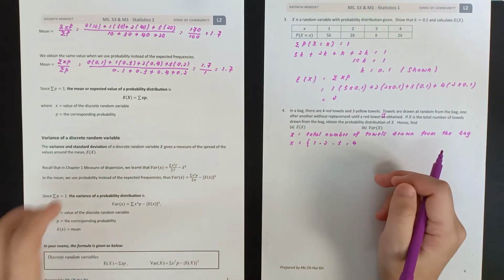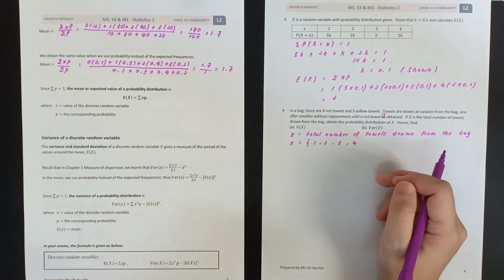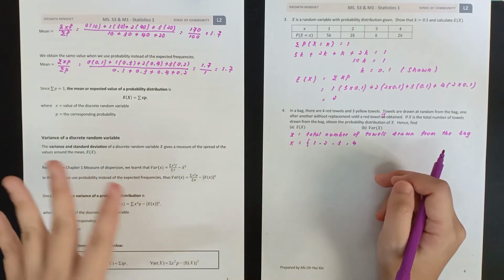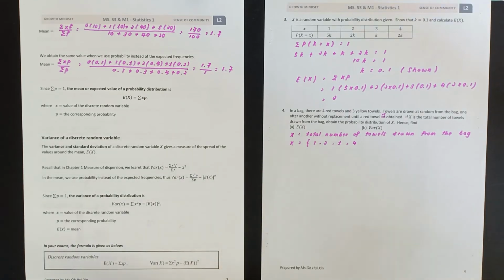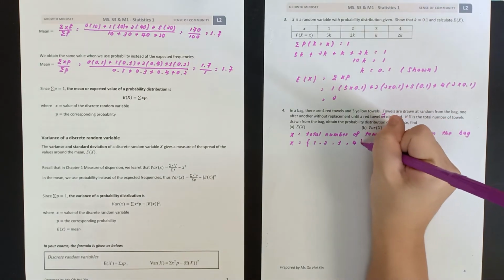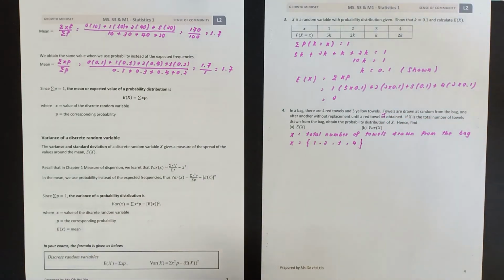If for the first 3 times you already got yellow, what is left in your bag is all red towers. So the maximum x that you will have here is 4, because by the 4th tower I should be able to get at least 1 red tower. That is our possible outcome for the random variable x here.